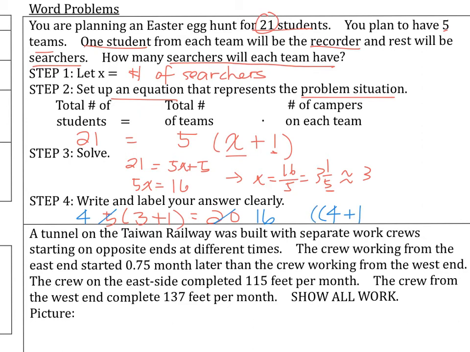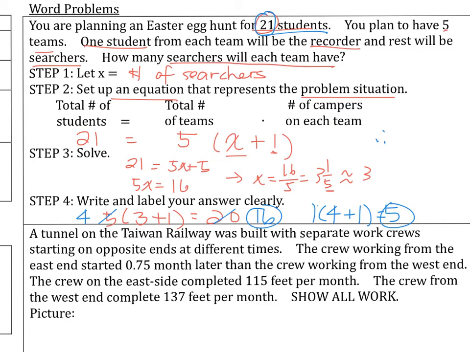and I can only have one team like this, and this makes 5. And 16 plus 5 gives me a total of 21 students. So my answer here, I'm going to write it right here.